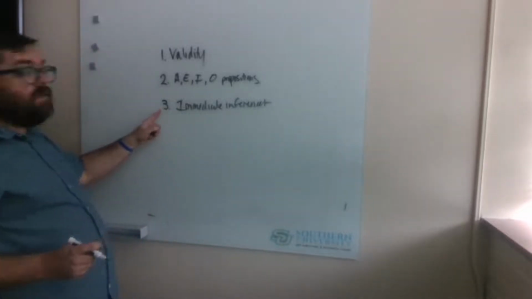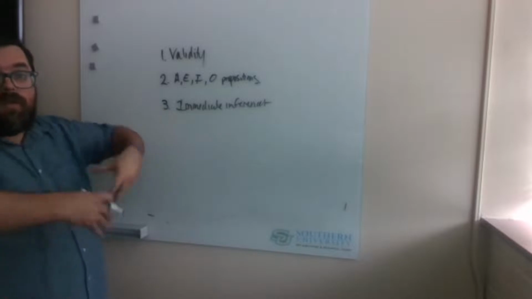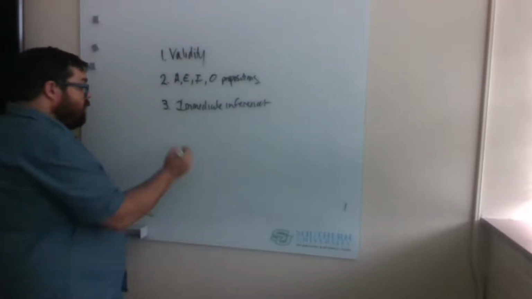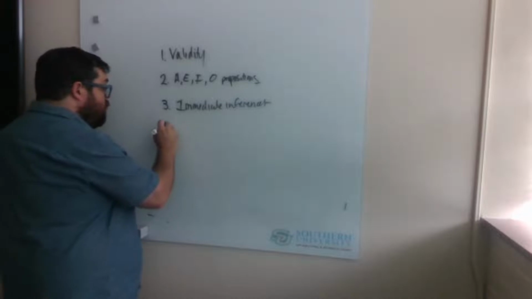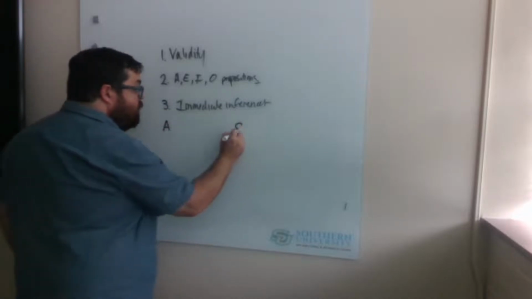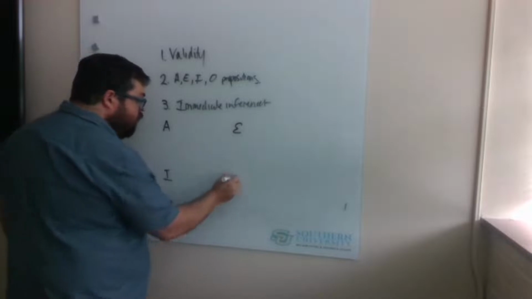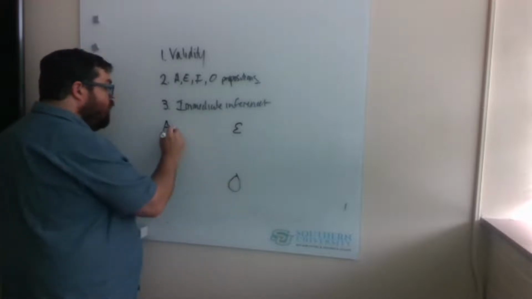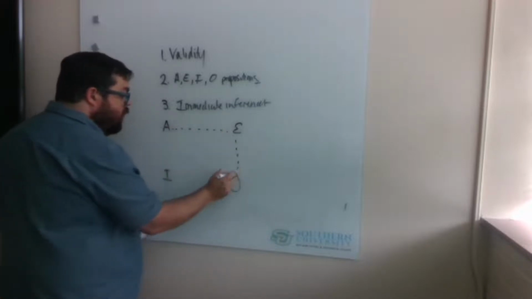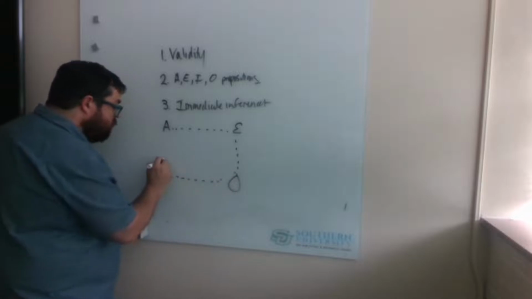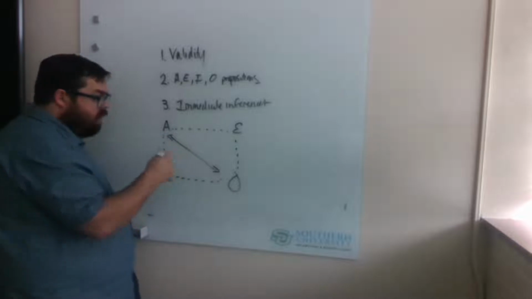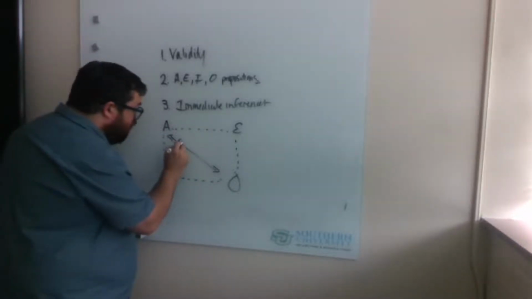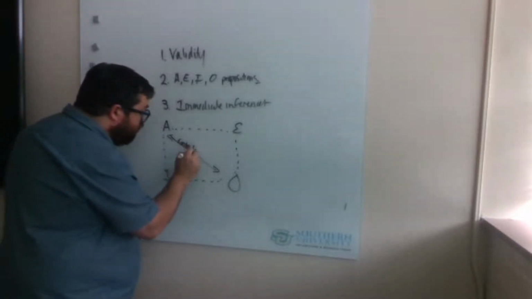Now, the immediate inferences use the third thing, which ultimately we're going to bring together, which is the notion of the modern square of opposition, which I'm going to go over shortly. But I'm going to draw it here just for your own reference. Now, these diagonal lines we're going to call contradictories.